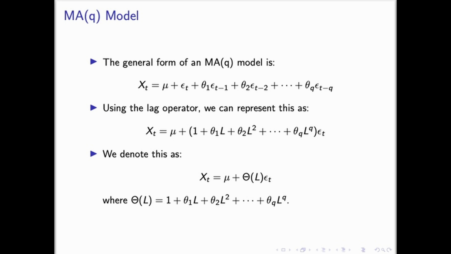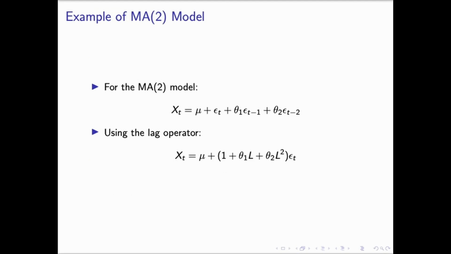To simplify our mathematical notation, we use capital Theta(L) to represent 1 plus theta_1 L plus theta_2 L squared, and so on up to the term theta_q times L to the power q. This is a much more compact and elegant way to represent the model.